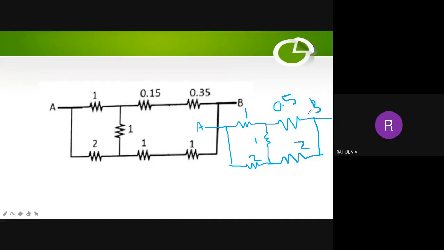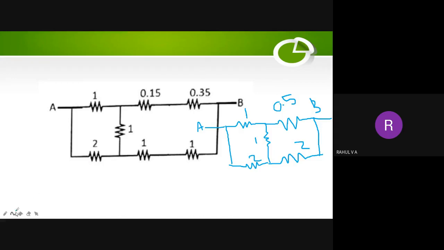Okay, now tell me which conversion we have to use, star to delta or delta to star. Okay, delta to star.